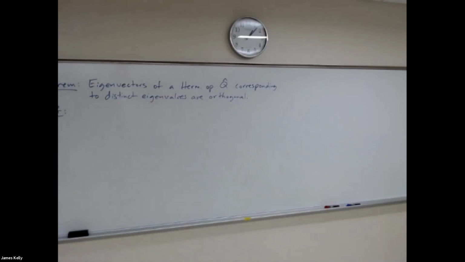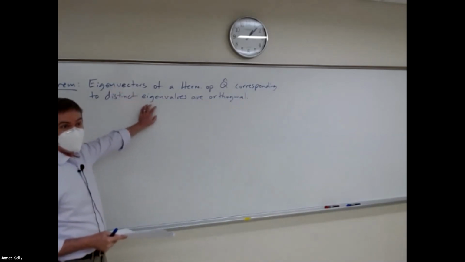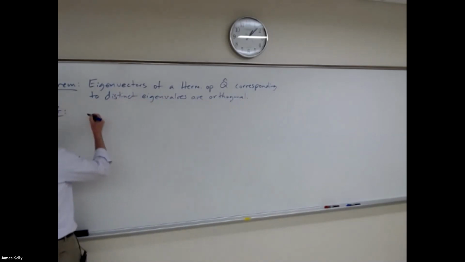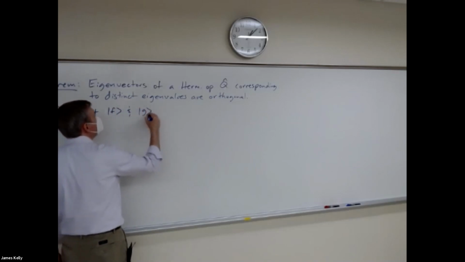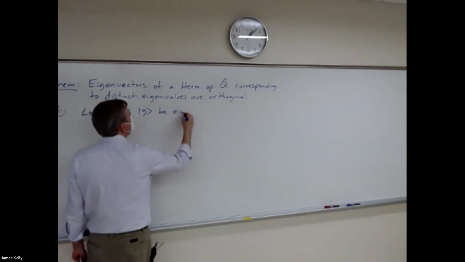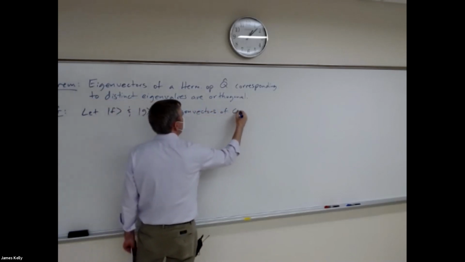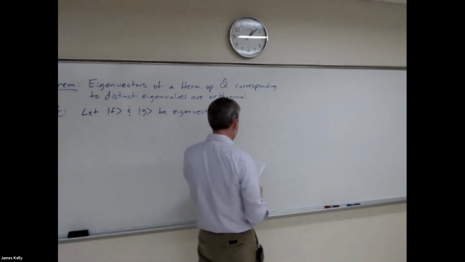Okay, so we're going to start out in a similar way. Here we have to talk about two different eigenvectors and show that they're orthogonal to each other. So let F and G be eigenvectors of Q with distinct eigenvalues.